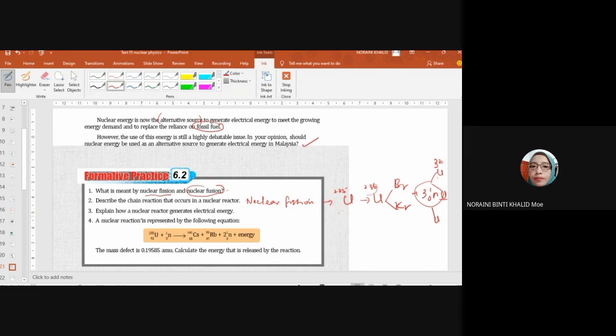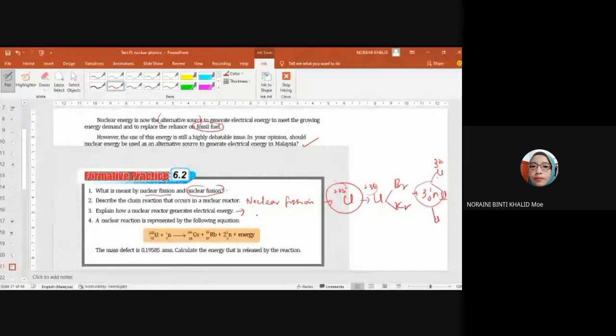Explain how a nuclear reactor generates electrical energy. You can explain by starting with the uranium just now. Uranium is bombarded with a slow-moving neutron, which is slowed down by the graphite moderator. Then it becomes uranium-236, which is unstable, and splits into barium and krypton, and releases 3 neutrons.